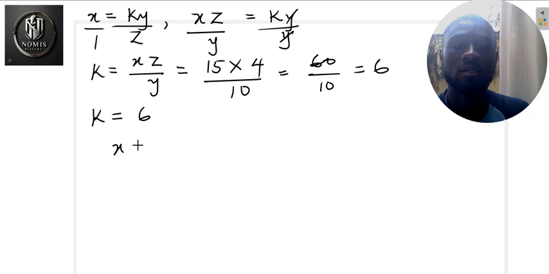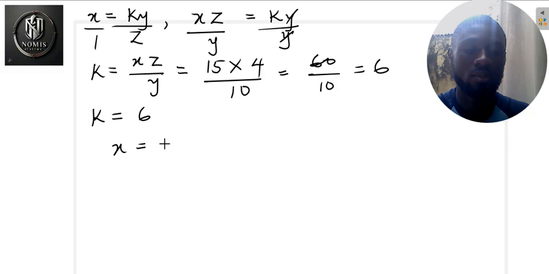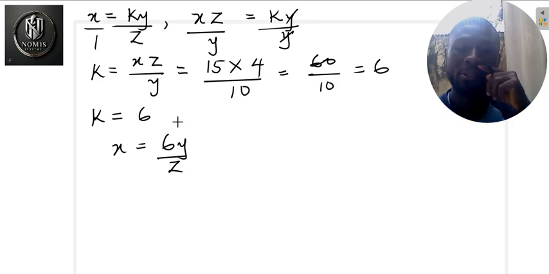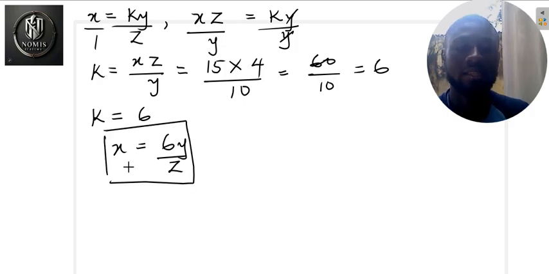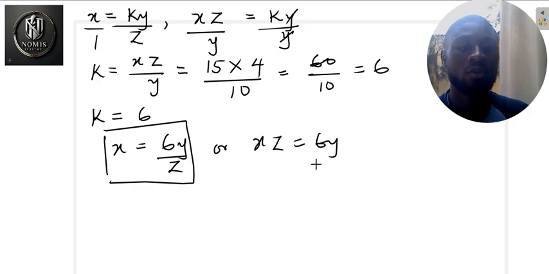Therefore, x is equal to 6y all over z. So anyhow the options are given, you must be able to find a relation that is equal to this. So it can be written like this, that x is equal to 6y all over z, or you write x multiplied by z is equal to 6y, or you say y, this is also correct.